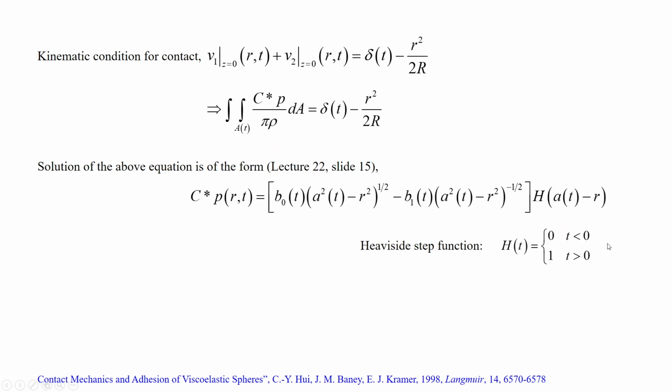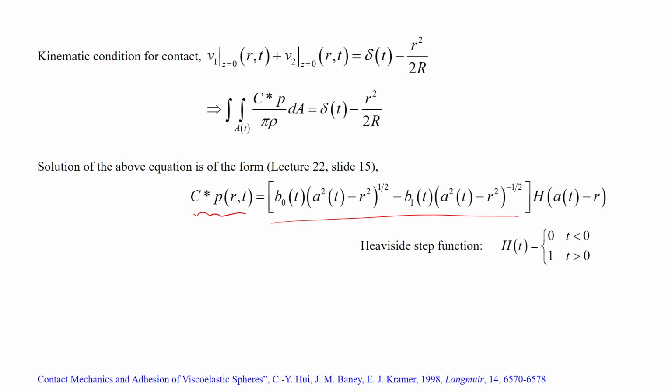So, if this is negative, it is 0, and if it is positive, then it is equal to 1. So, the solution of this C star P, that is the convolution, has to be of this particular form. We had obtained this in lecture 22, quite some time back.